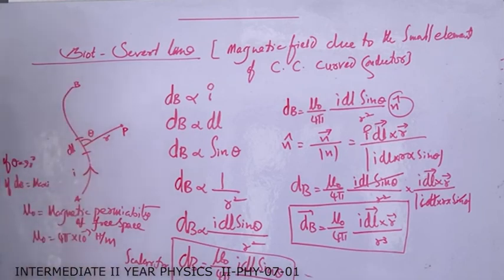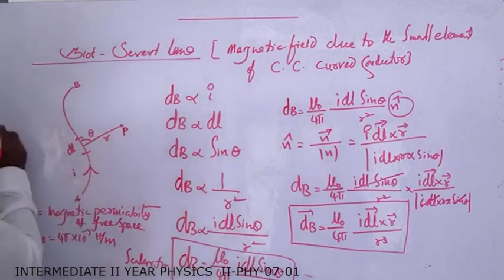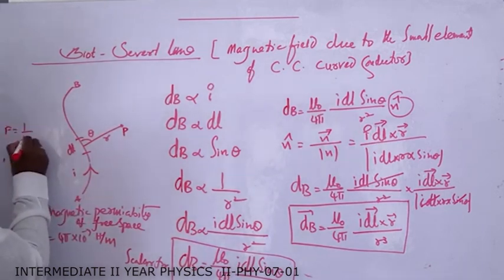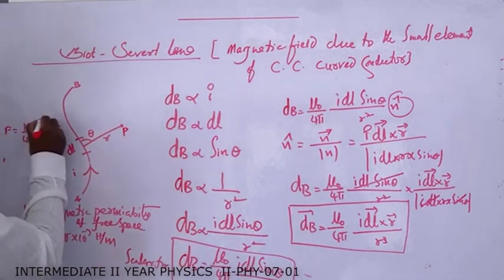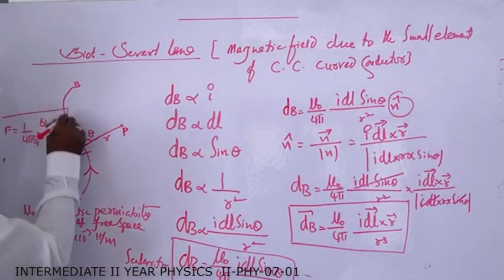Now compare the Biot-Savart law with the Coulomb inverse square law in electrostatics. There are some similarities. Coulomb's law is 1 by 4 pi epsilon naught, Q1 Q2 by d square.